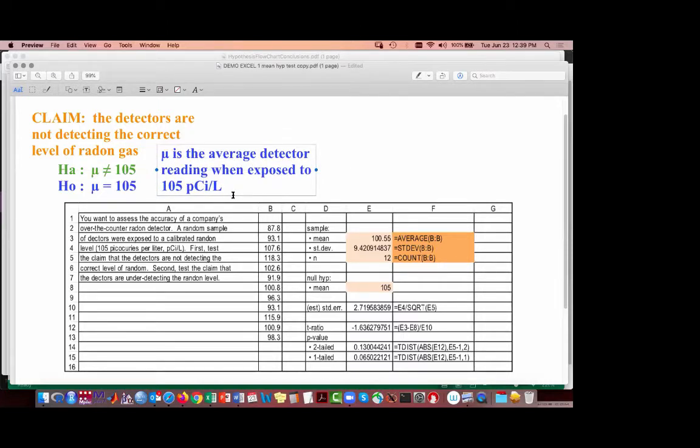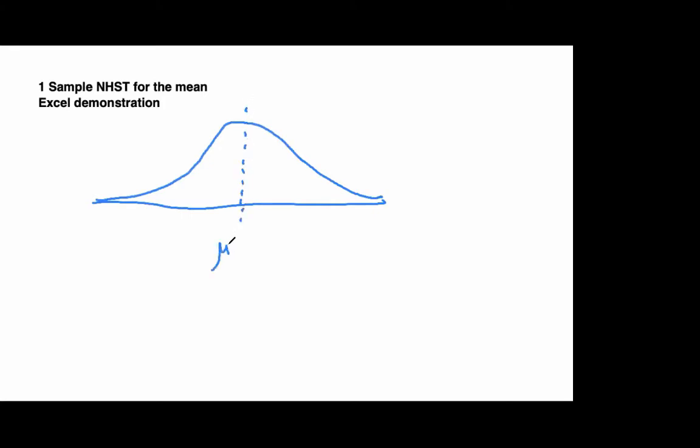The drawing for this is easier on the whiteboard, so I'm going to go back to the whiteboard really quickly. So our drawing here would look something like this. We have a distribution of the actual readings and the average of those readings. We're hypothesizing, even though we might not believe it's true, that the average is 105.